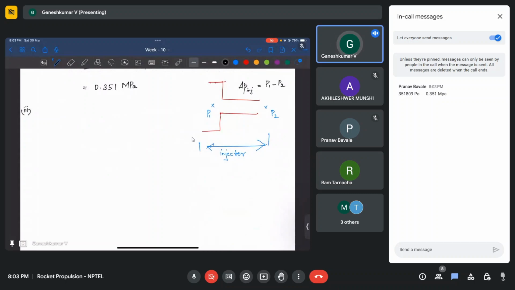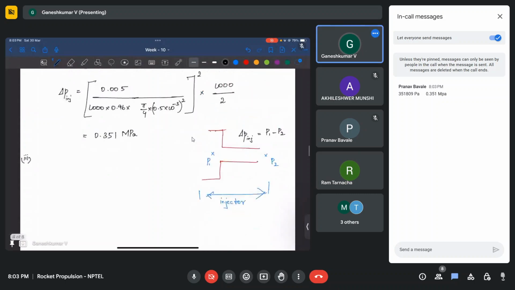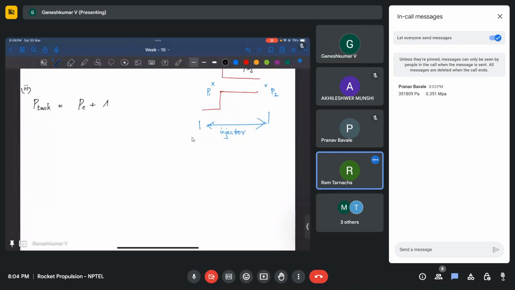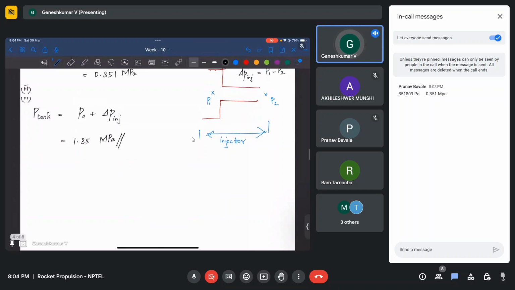So the next one is to find the pressure in the tank. Pressure in the tank should be chamber pressure plus delta P of injector. So it's going to be 1.35 megapascal. That is true. So now we need to find the volume of the tank. How do we find volume of the tank?